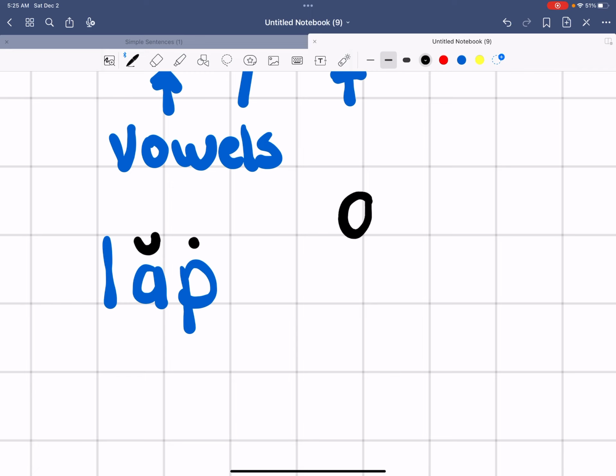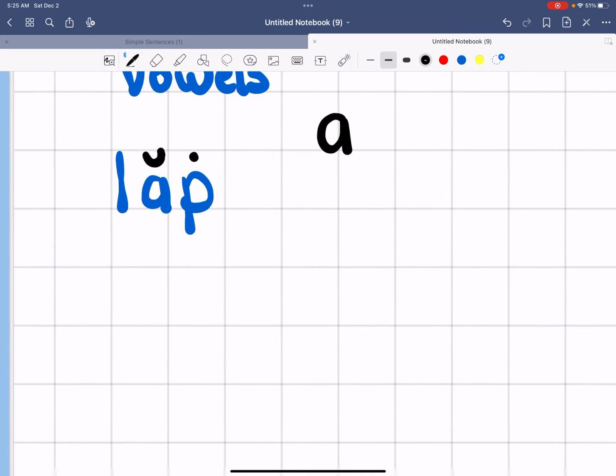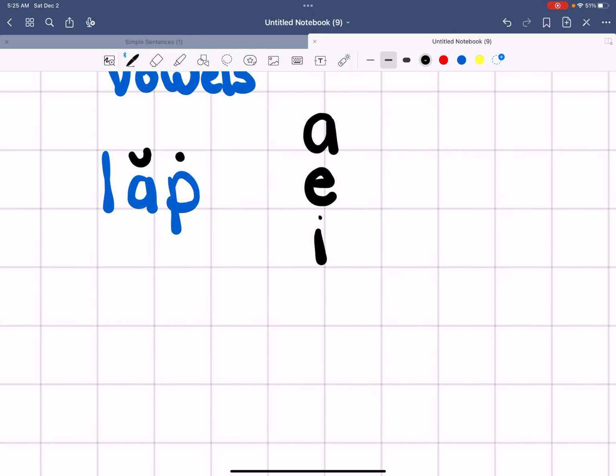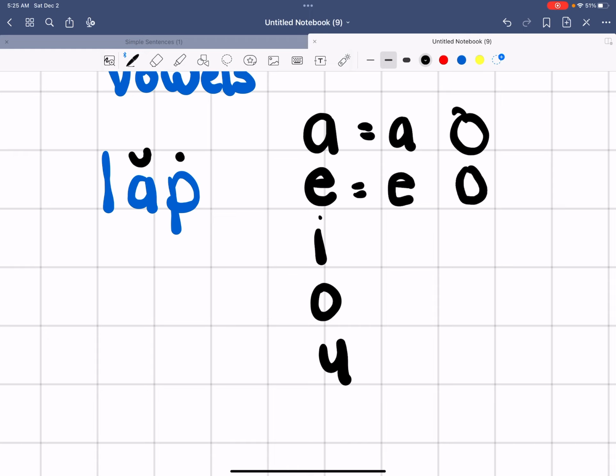So let's go through the short sounds real quick. A, E, I, O, U. The short sound of the vowel A is A as in apple. The short sound of the letter E is E as in egg. For I, it's I as in iguana or igloo. Here's my little igloo. I'm not very good at drawing an igloo, but that's that.